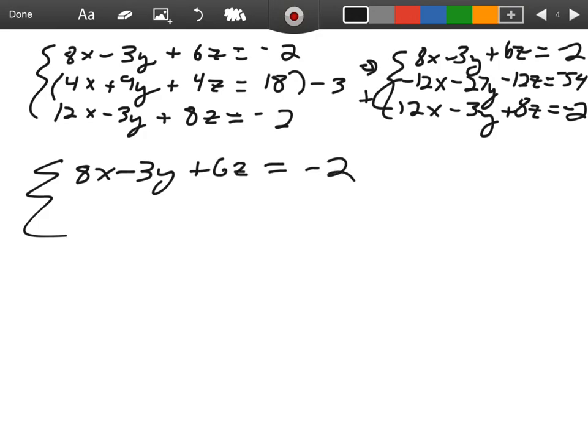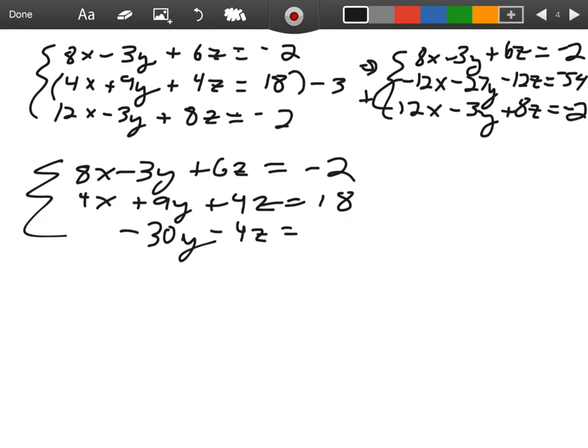The second equation, I'm going to revert back like last time to its simpler form. Then add those two together, I get 0x, negative 30y, negative 4z, and negative 56.